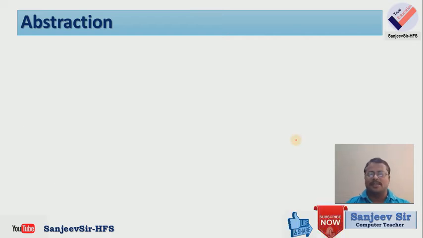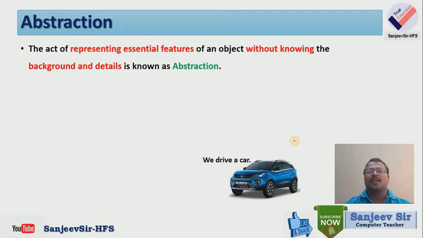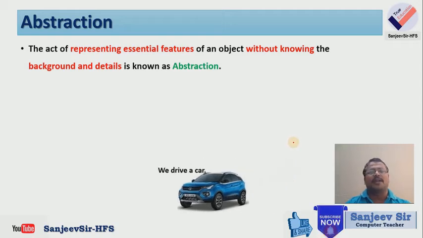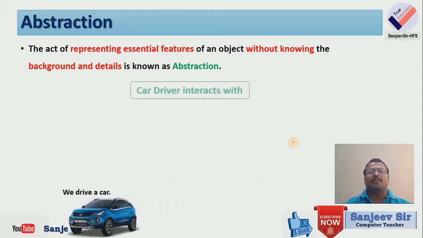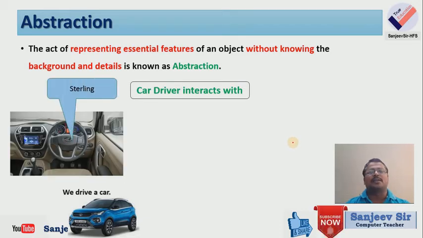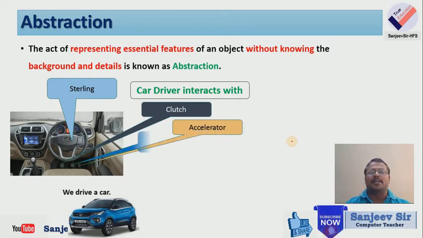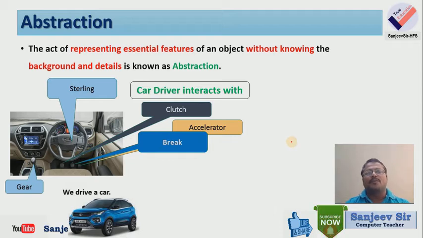Another example we take is a car. One object is the car, and we are driving the car. When we drive the car, we interact with the steering, the clutch, accelerator and brakes, and the gear also. But we do not know how internally the steering, clutch and accelerator work. We do not know the internal mechanism.